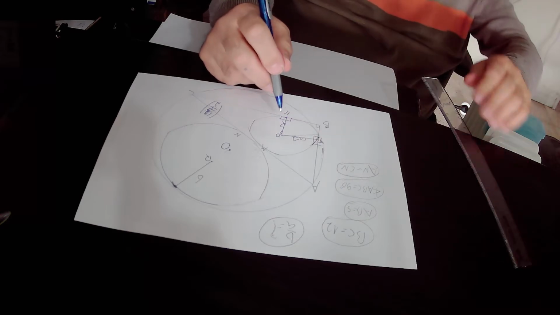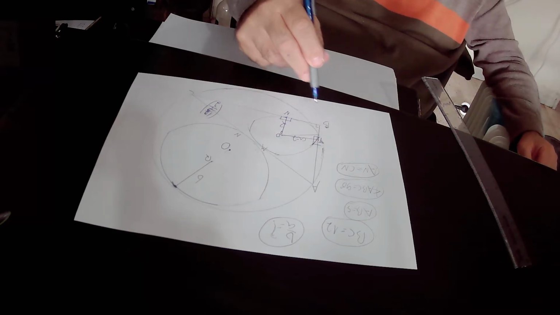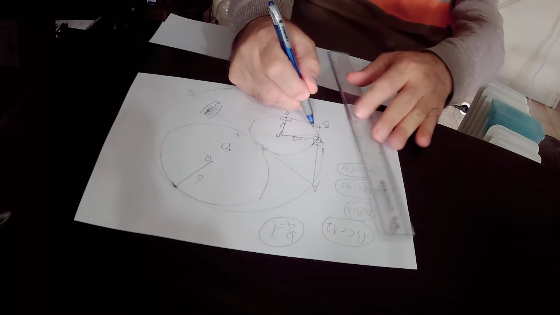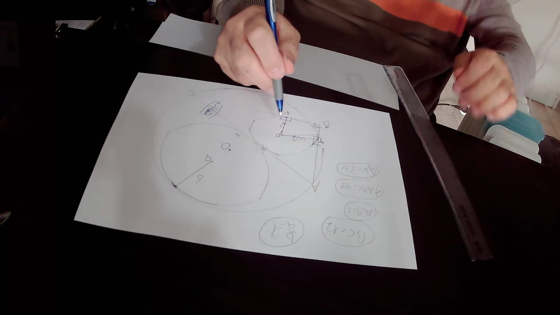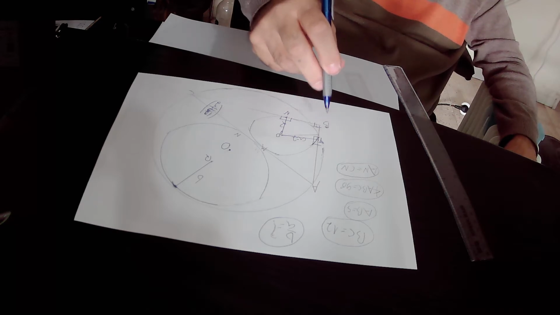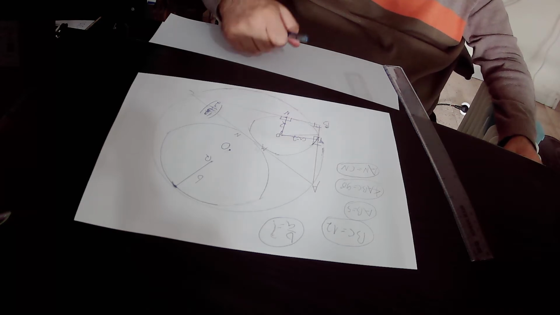So in quadrangle PTBN, this angle ABC of course equals 90 degrees. So in quadrangle PTBN we have 1, 2, 3 right angles.